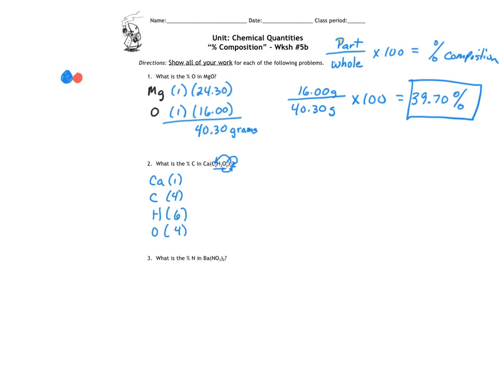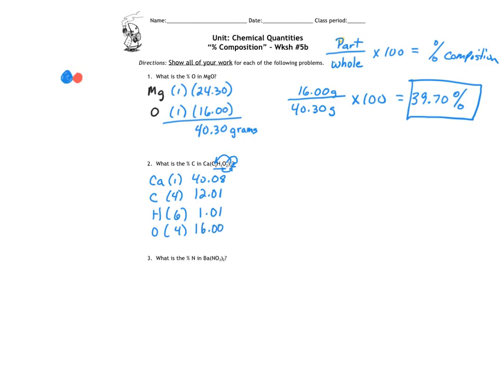And I put it in the wrong spot. I am batting a bazillion today. Carbon. Hydrogen, well, I got that one memorized, 1.01. Oxygen, I have that one memorized, 16.